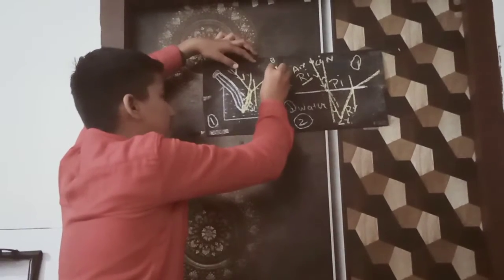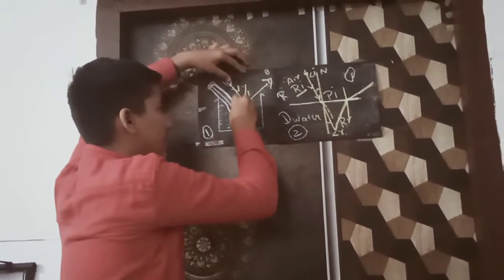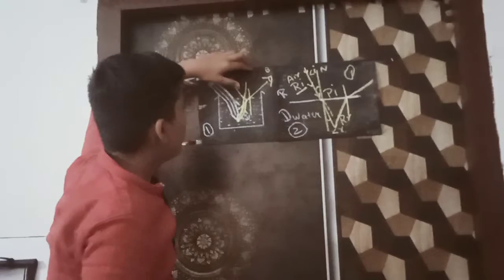Then this ray is coming from here, so the image forms here.